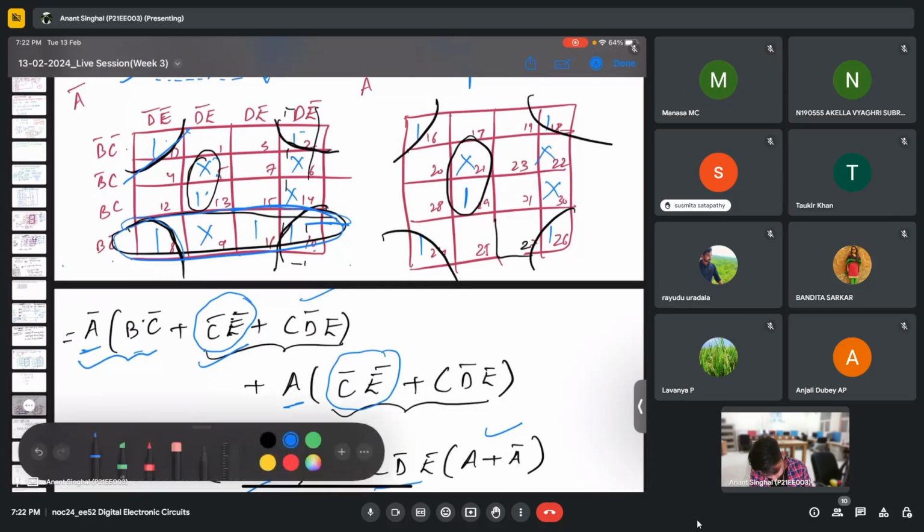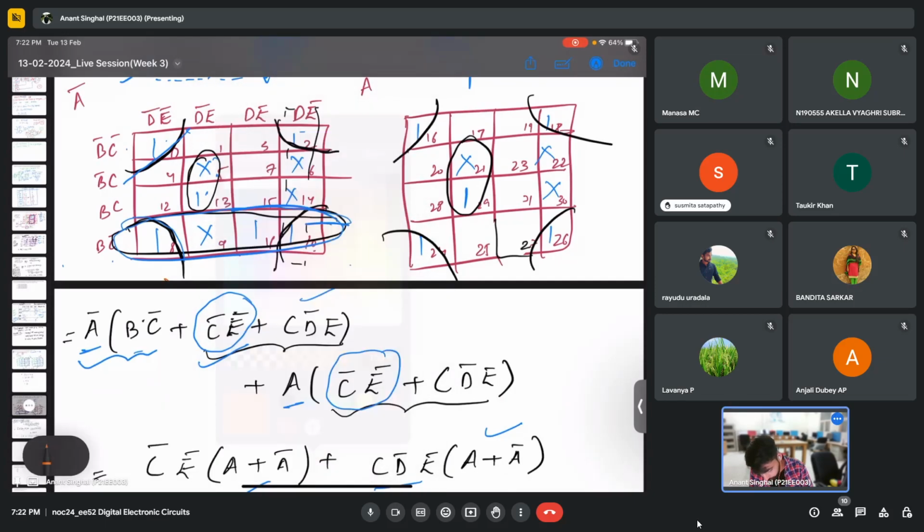So the first quad that I've taken is all the ones in the corner, that will give me C complement times E complement. So this is this. Then, since there was a one remaining here, I've taken this quad which will give me A complement times B C complement, which is this. And I have a pair that will be C D complement E.